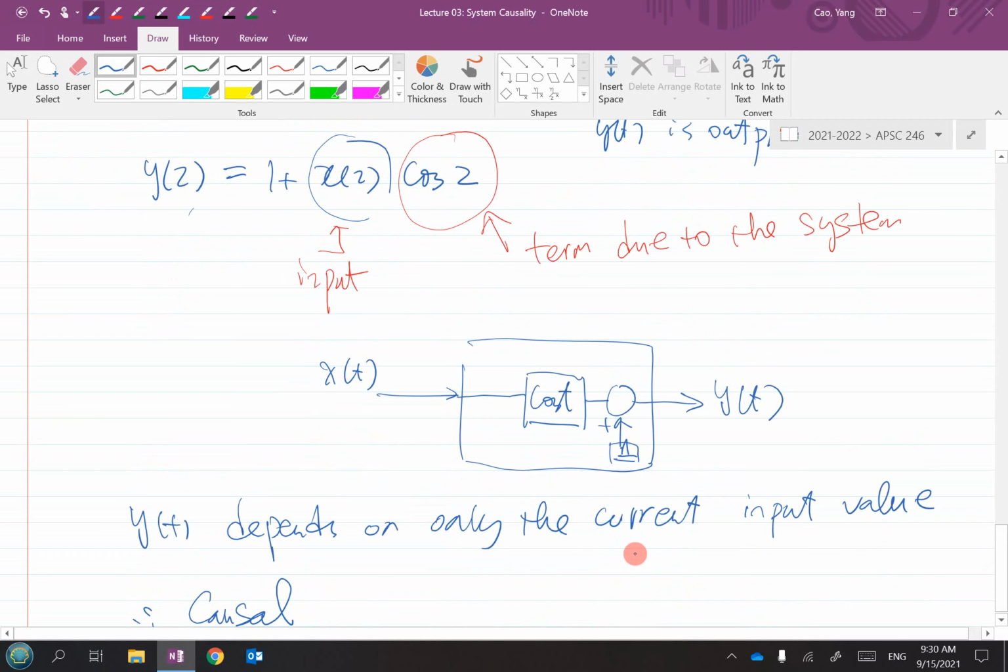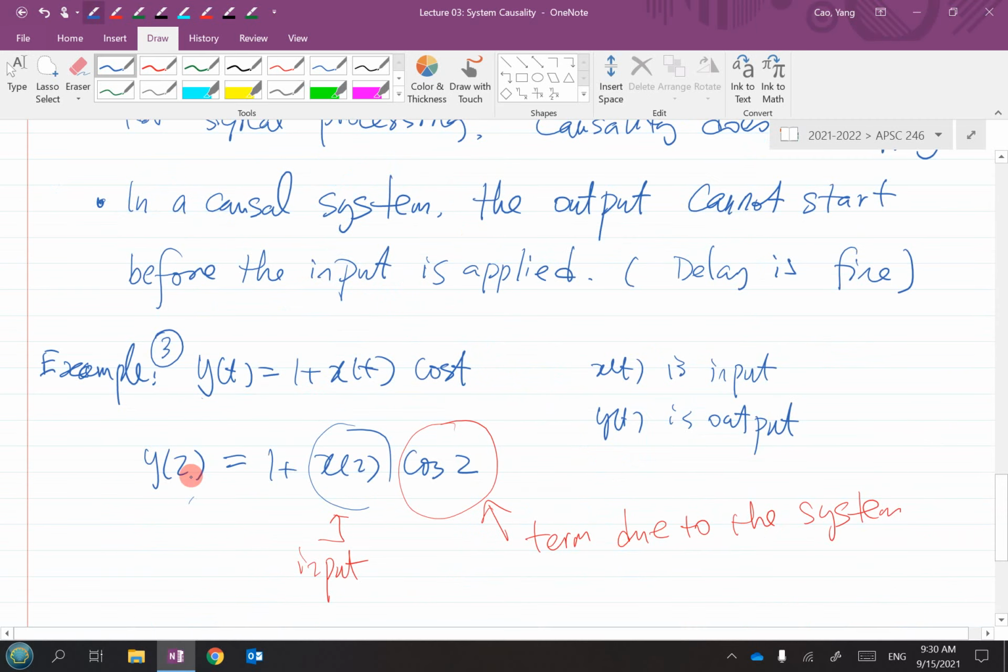I'll give you an example shortly. But this one is fairly clear. You can also observe from the current system description that the output at t depends on the input at t, which is the current. So that's another way to examine this.